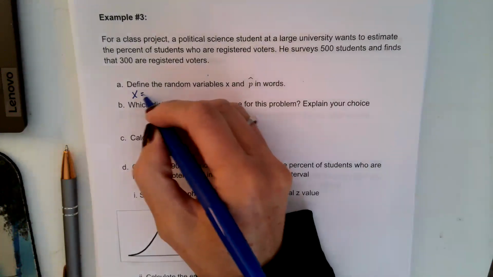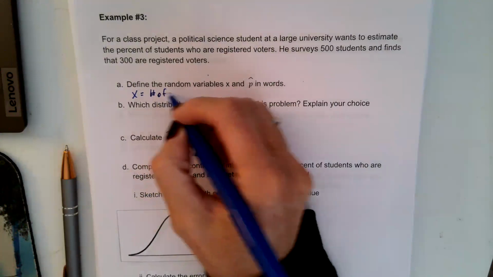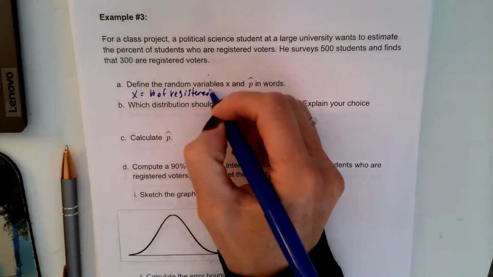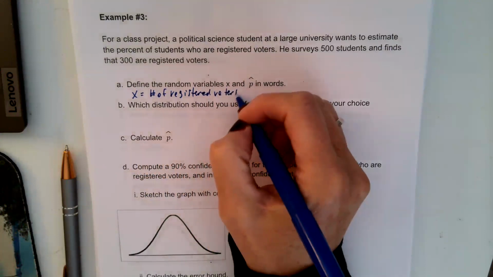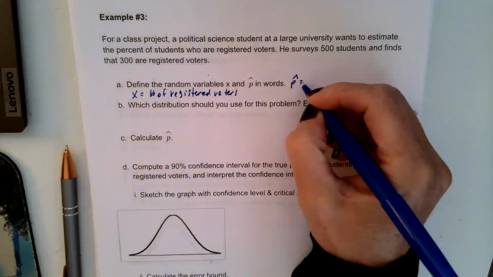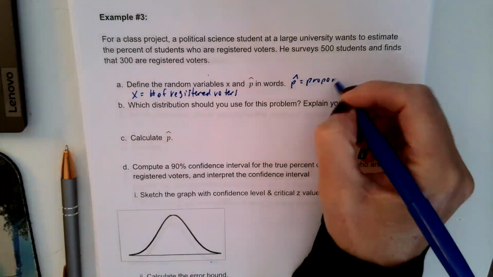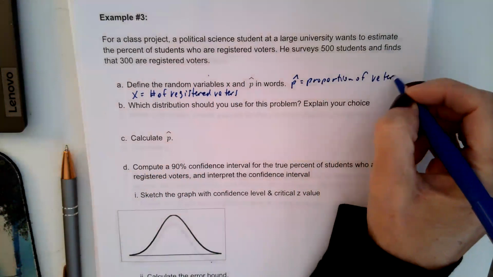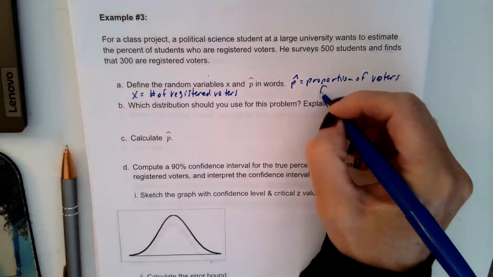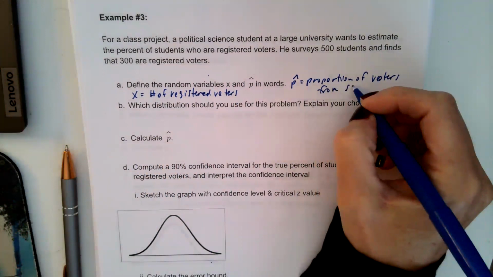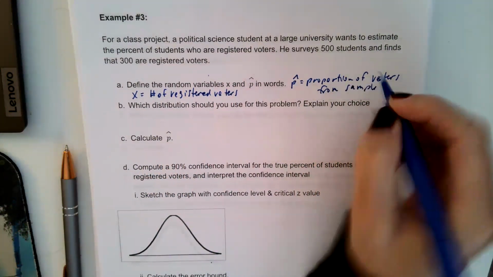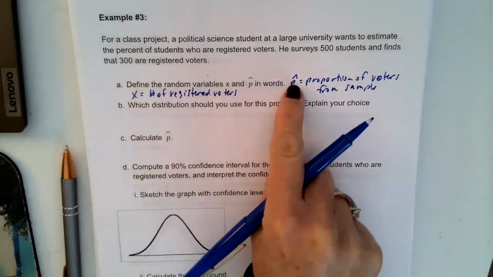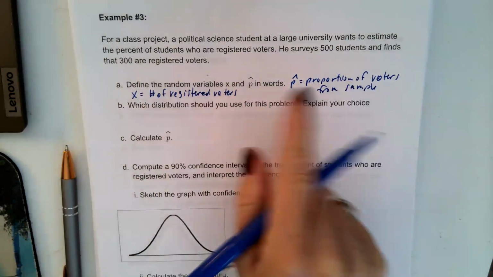X is the number of registered voters, and P hat is the proportion of voters from the sample. They're both from the sample, but X is the number, so that gives you 300. P hat is the proportion out of the 500.